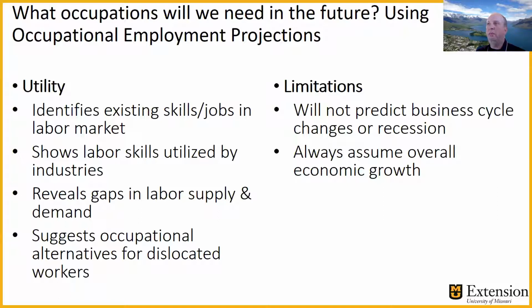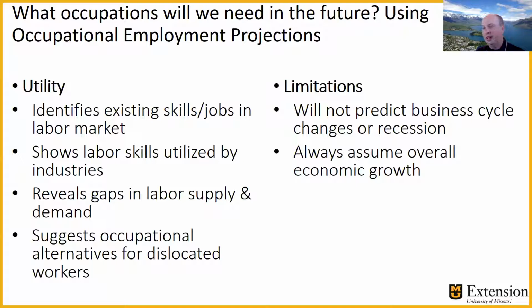The important thing to keep in mind about all these projections, whether it's those done by state agencies like MERIC, which I'll show you in a minute, or by proprietary data vendors, is that no one really has a crystal ball. So no one really knows. They're not really good about predicting changes in the business cycle or an upcoming recession.